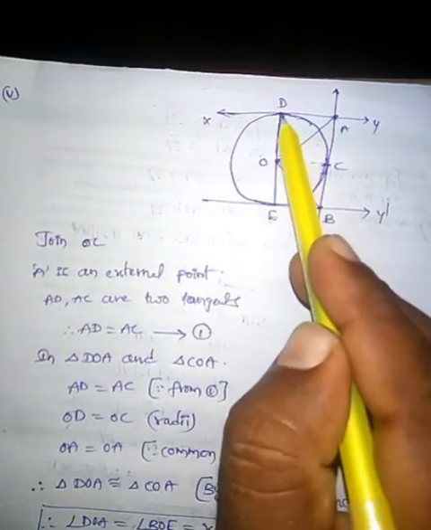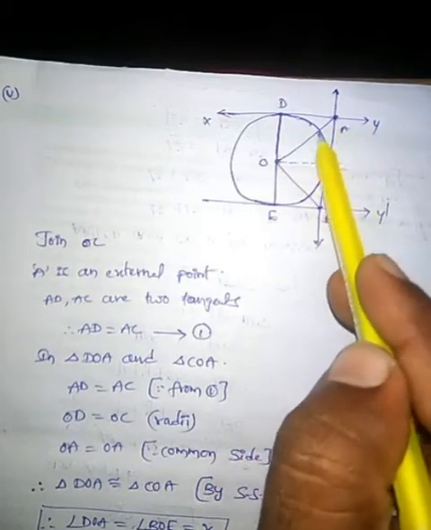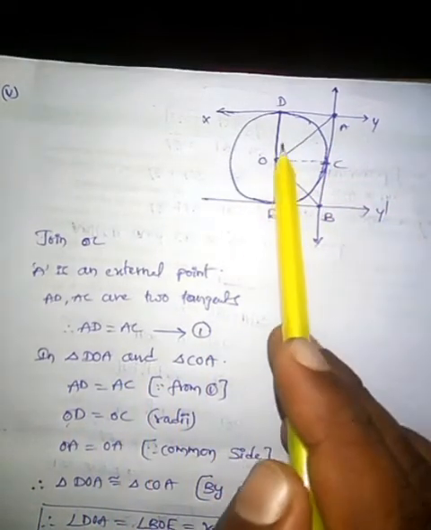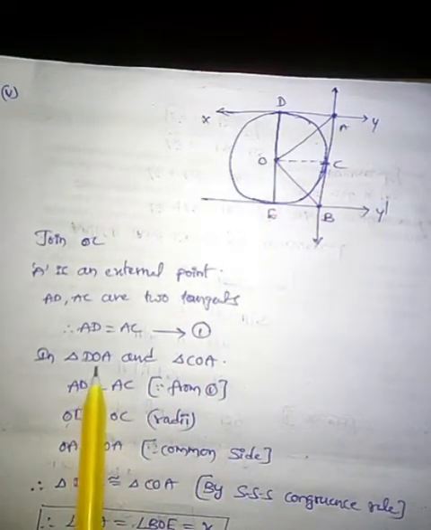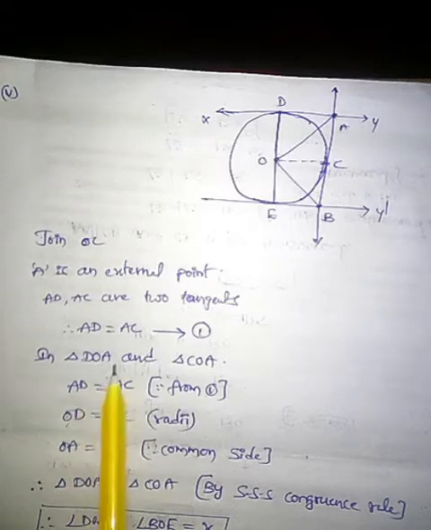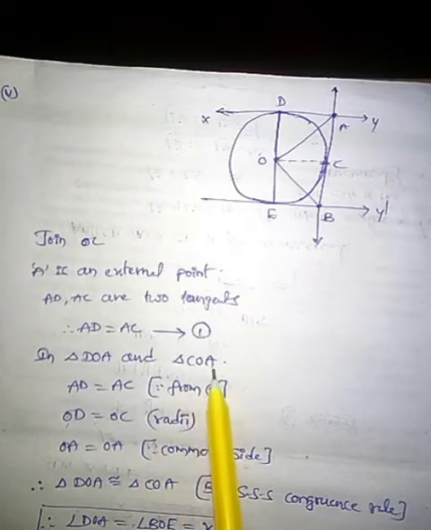Don't get confused. Triangles ODA and OCA are congruent because the three sides of triangle DOA are equal to the corresponding sides of triangle COA.